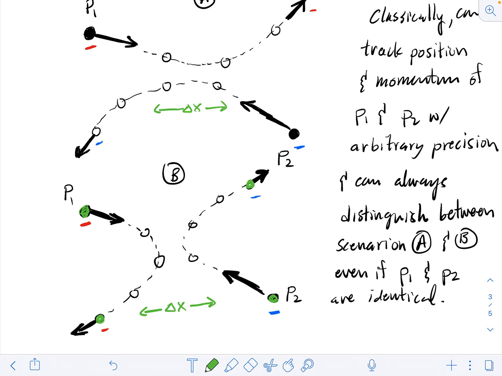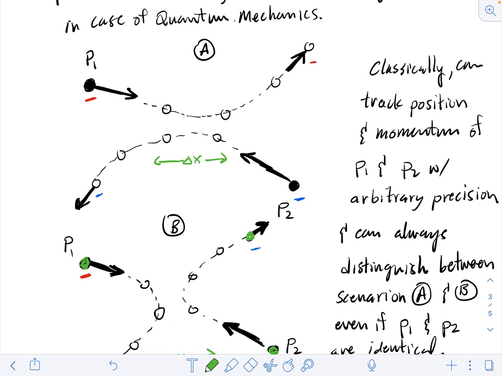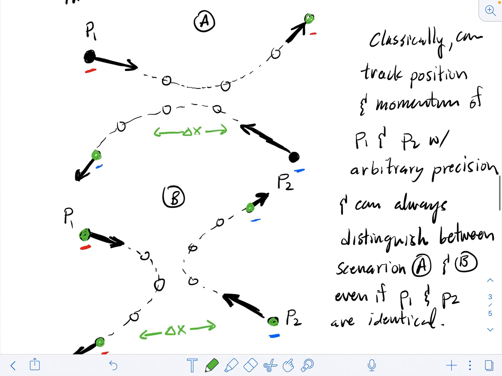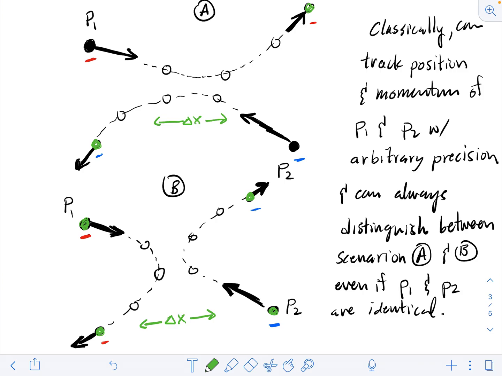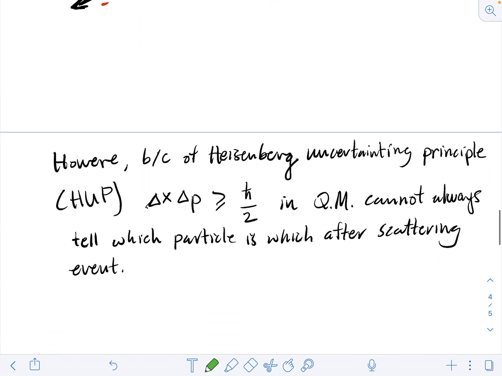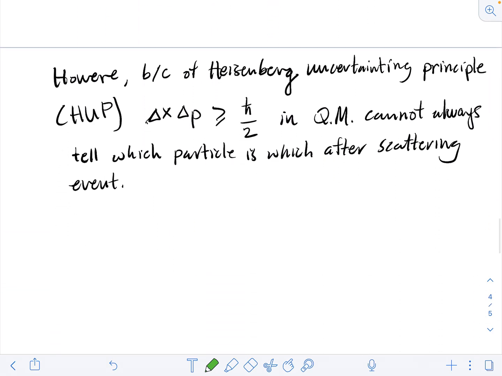If they're identical particles, I can't tell you if after the scattering event the particle in the bottom left is P1 or P2, because it looks identical in each case. The same is true in scenario A. After the scattering event, we have a particle in the bottom left and the top right, and I don't know which one is which. So as far as observation is concerned, scenarios A and B are indistinguishable. We don't know which type of scattering event occurred.